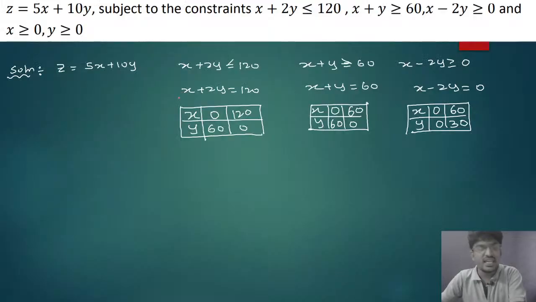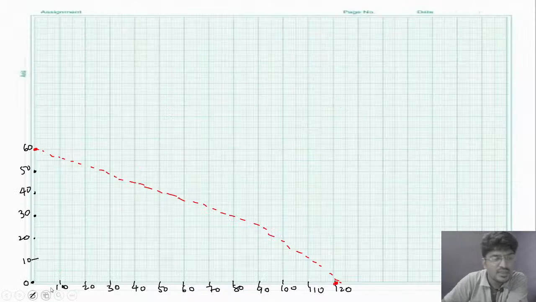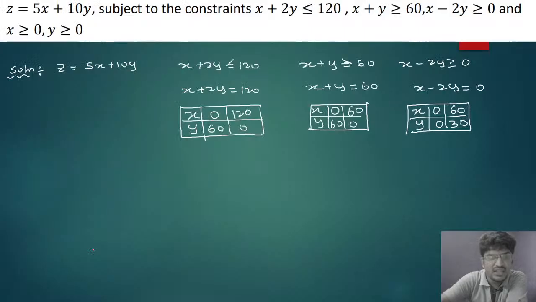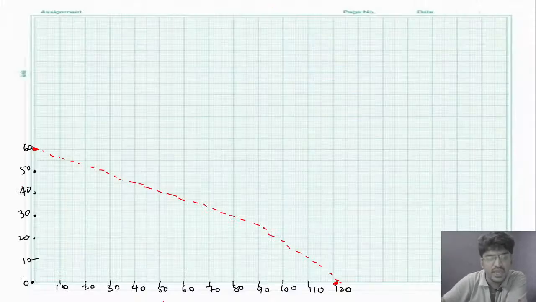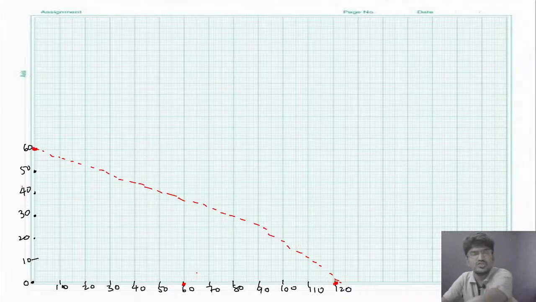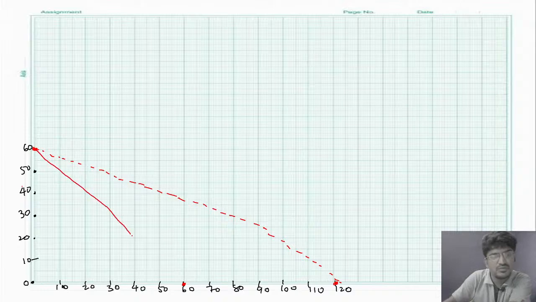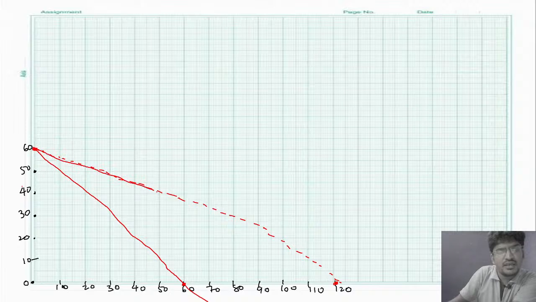And the second line is x is 0, y is 60, and another point is x is 60, y is 0. So join with the solid line. Here also you must draw the solid line.